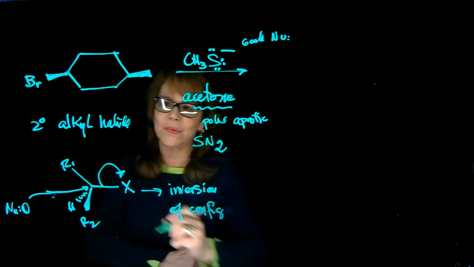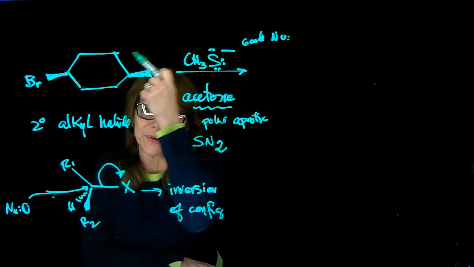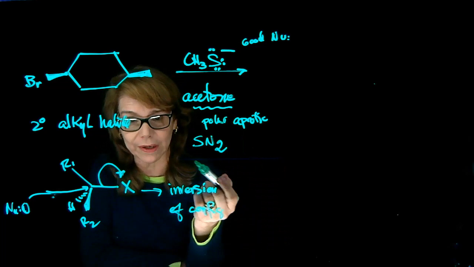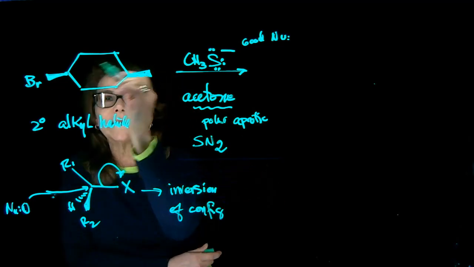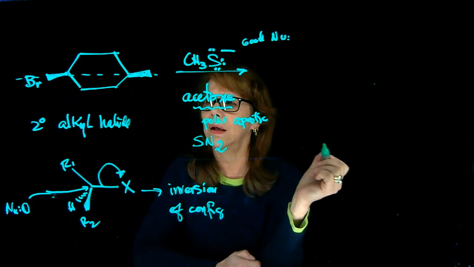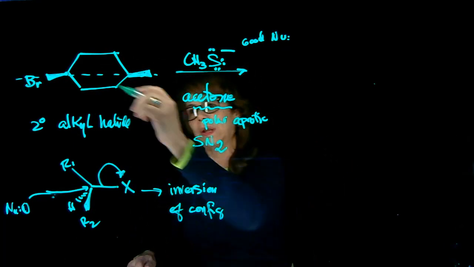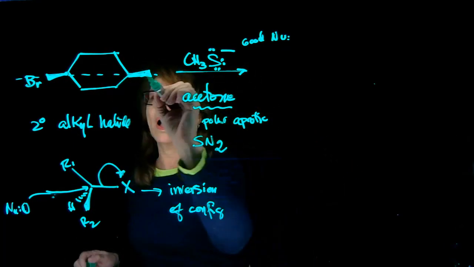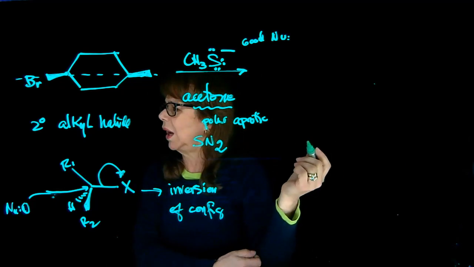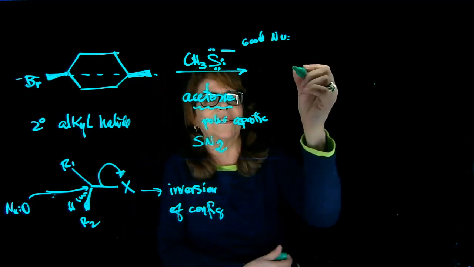So now, do we have a chiral center in this molecule? If these groups are different, you have a chiral center. But notice that in this molecule, you don't have a chiral center, even though we have a bromine here, because these two substituents are the same. So because of that, the problem is easier.